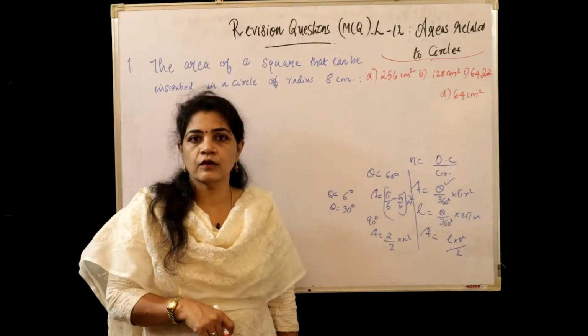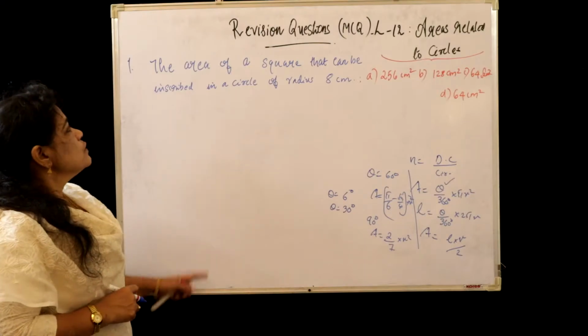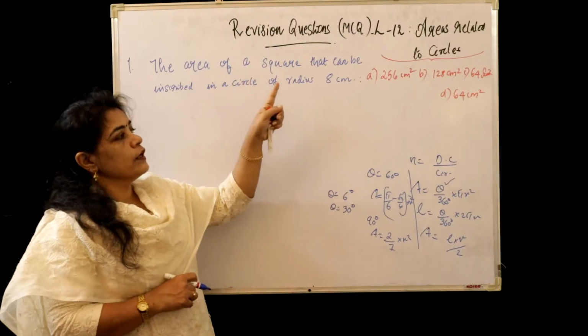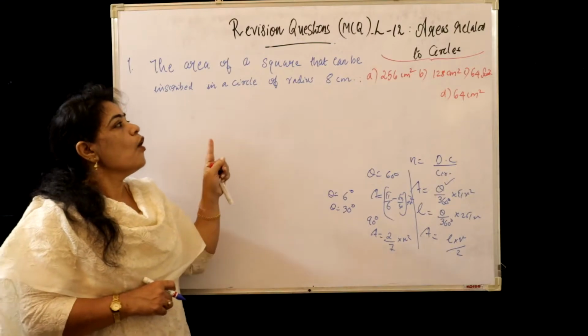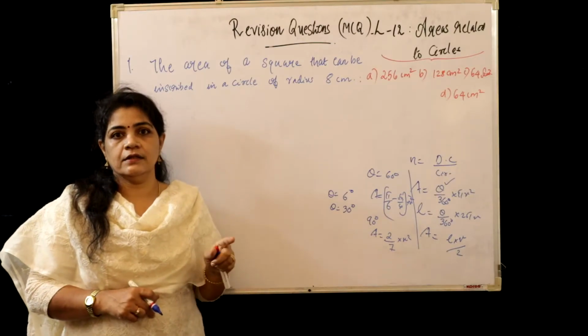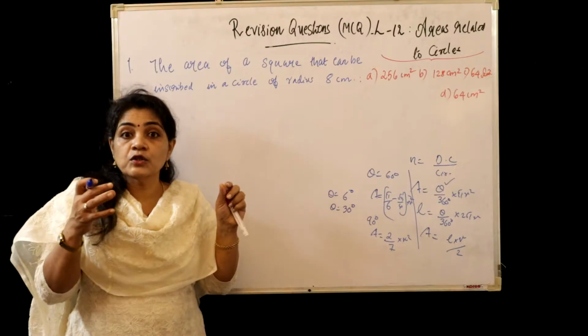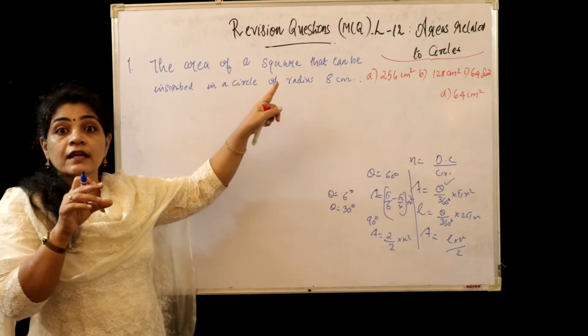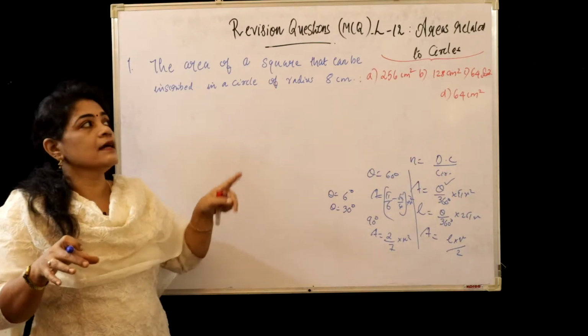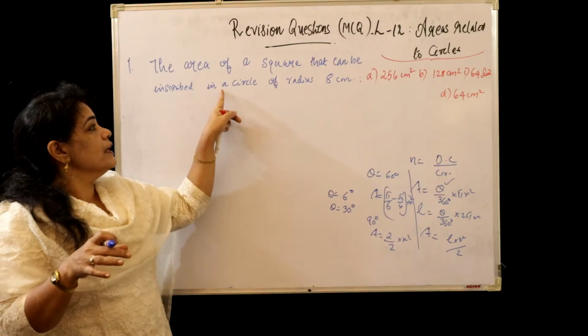First of all, we can move to the first question. The area of a square that can be inscribed in a circle of radius 8 centimeter. That means we have to get the area of the square, and the square is inside the circle.